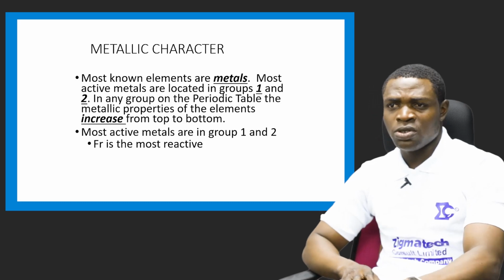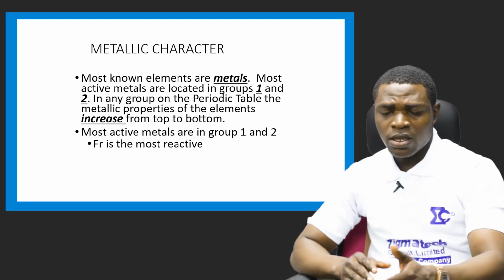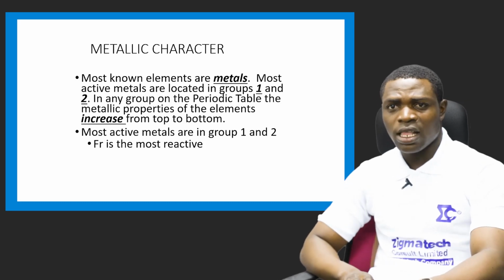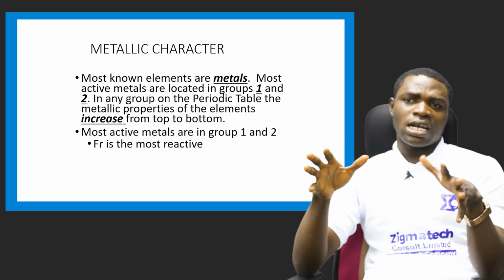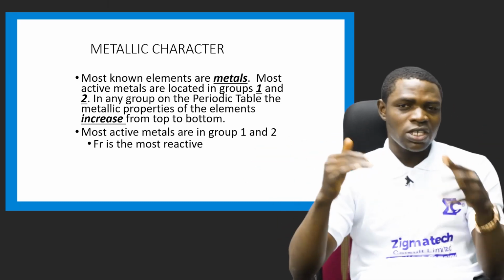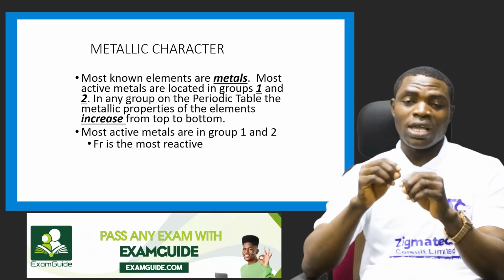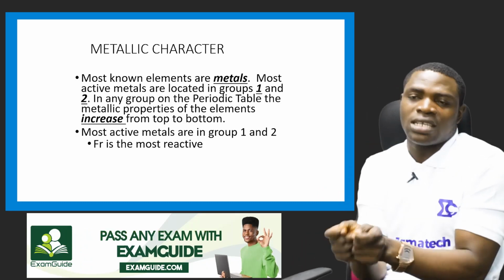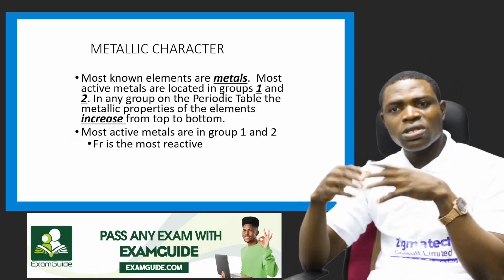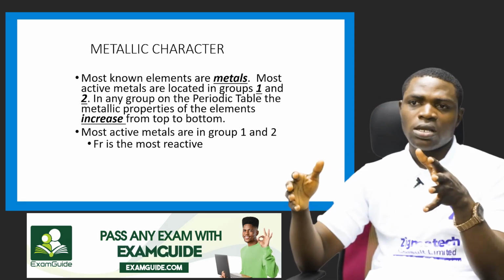Check our YouTube channel and you will see that lesson. I urge you to go through that teaching. Looking at metals generally, metals are stratified in order to give their specific and unique characteristics and qualities. Most known elements are metals, and most active metals are located in groups 1 and 2.